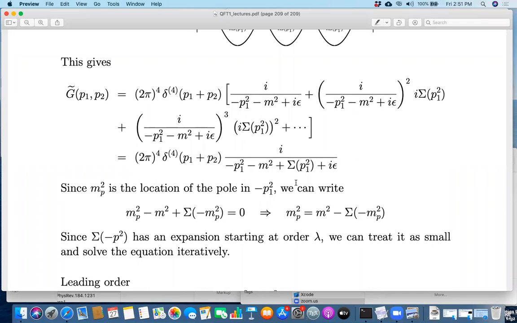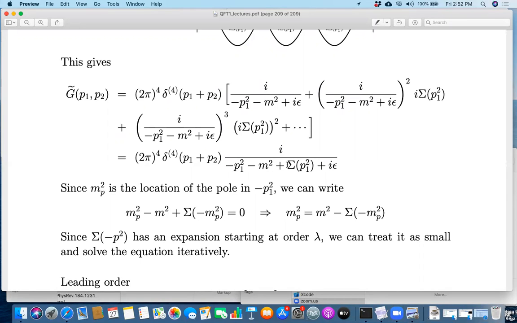So to find the location of the pole, you have to basically set this equal to 0. So that leads to this equation: mp square minus m square plus sigma of minus mp square equal to 0. Okay, because that's the location of the pole.